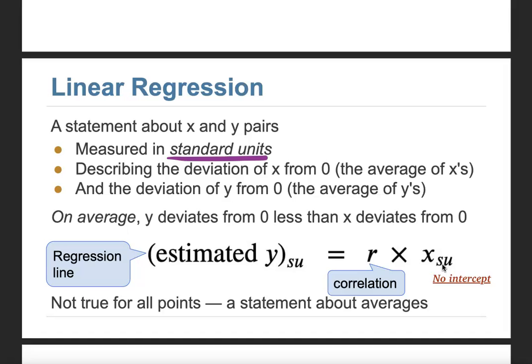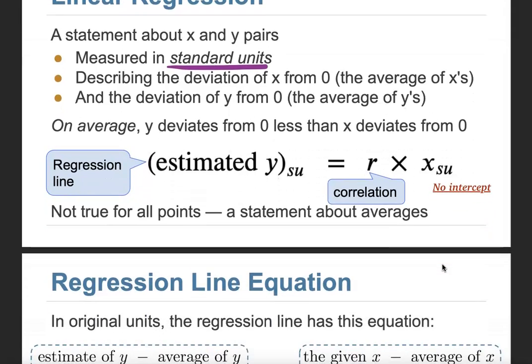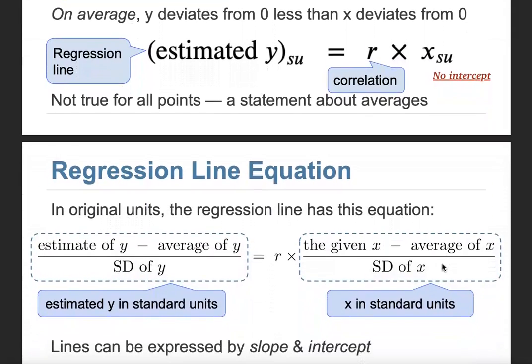Okay, so of course, this x and y is the standard unit. Since we know the standard deviation and average, we can plug in to get the standard unit for our x. We say this x is our midterm exam.